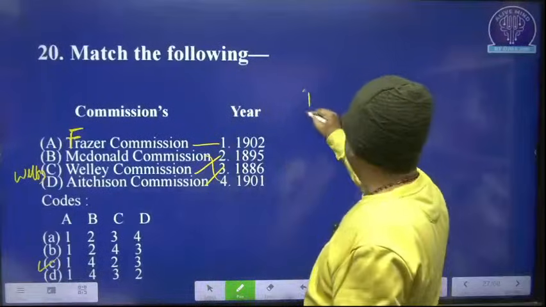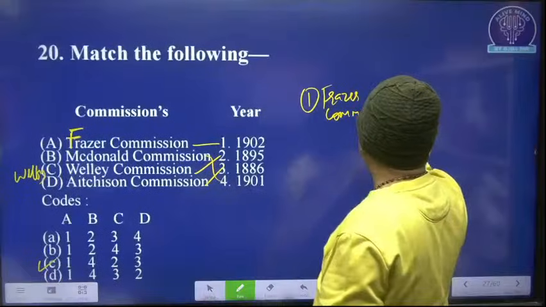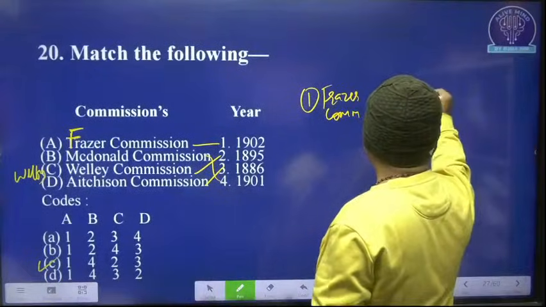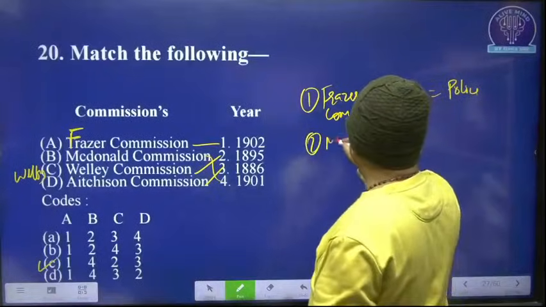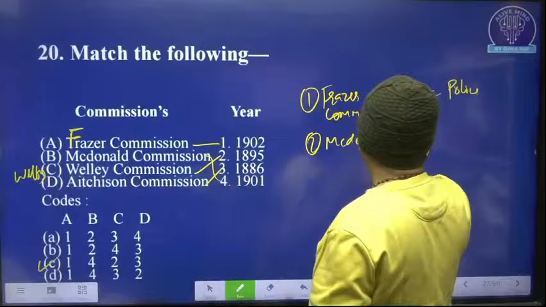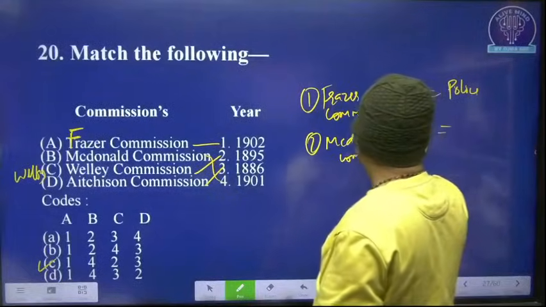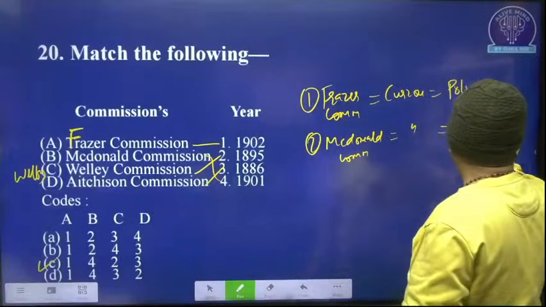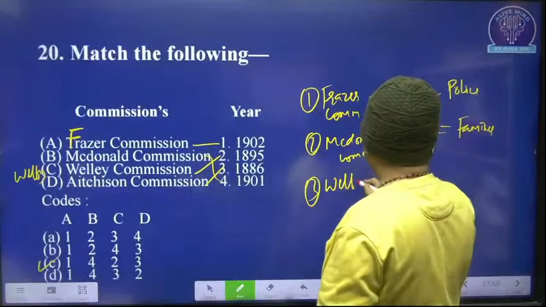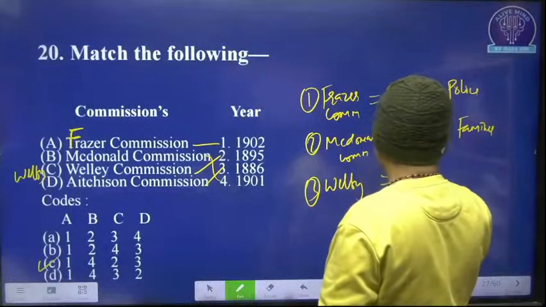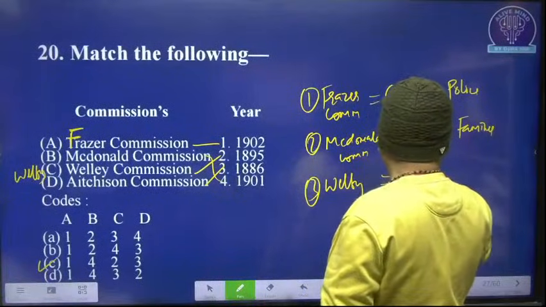Fraser Commission by Curzon to reform police. MacDonald Commission by Curzon related to famine. Welby Commission for income and expenditure of India.